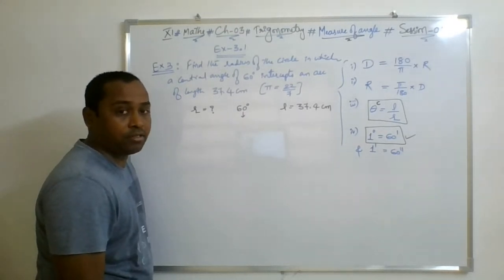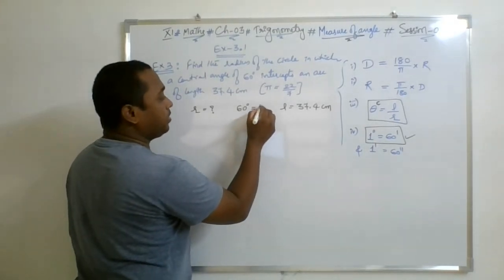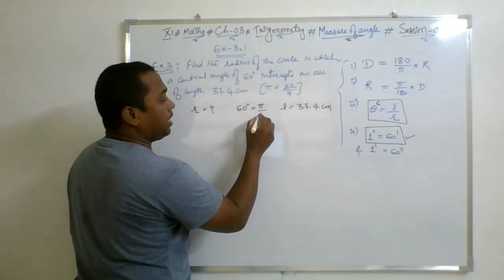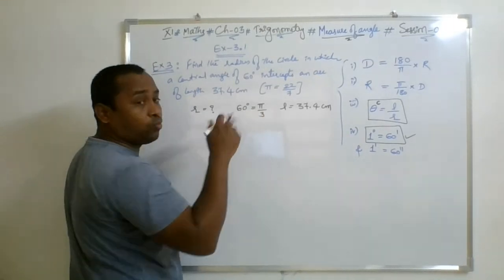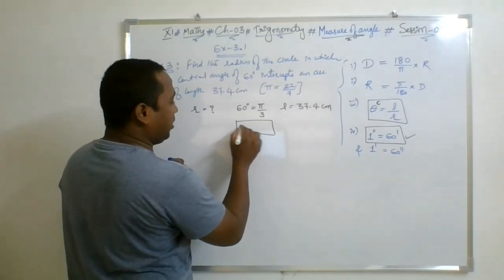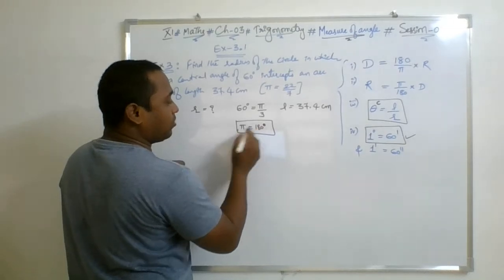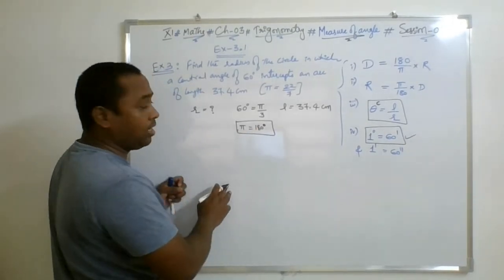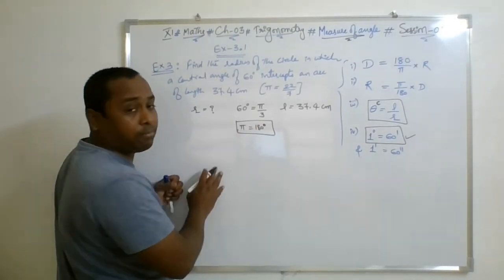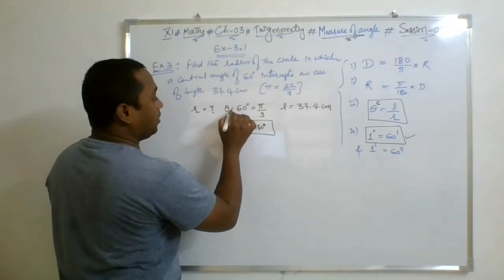Already we have discussed, 60 degree means pi by 3, that is pi means 180 degree. Remember, pi means 180 degree. So ultimately to get 60 you need to divide by 3, and 60 degree means pi by 3 radians. So this is what we call theta here.